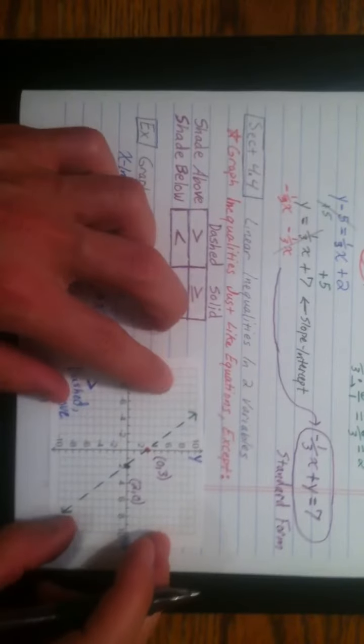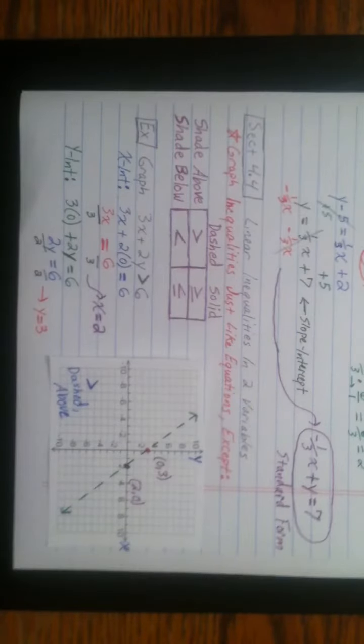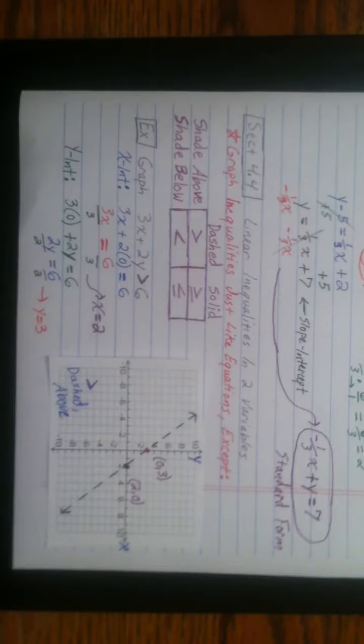So there's our dashed line. You can see it's not completely solid, but we also have to determine shade everything above that line or below it. So above, because of the symbol that it is, tells us to shade above.